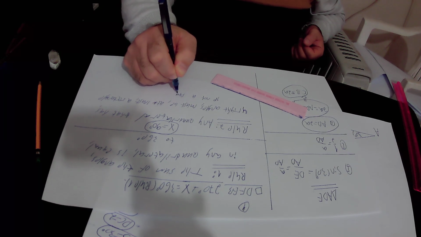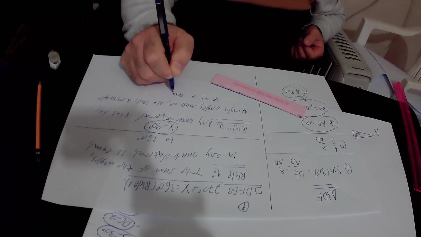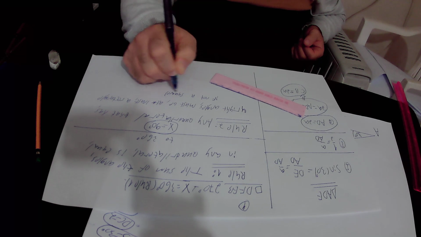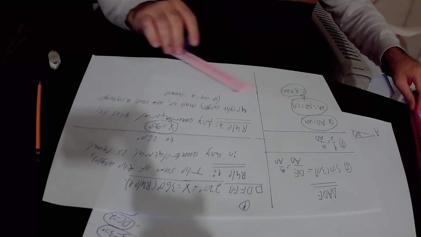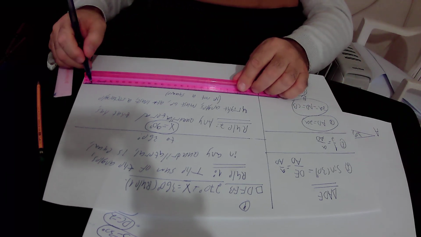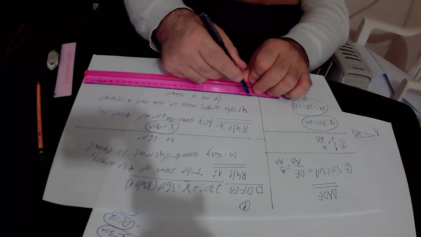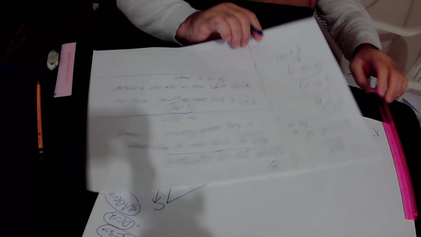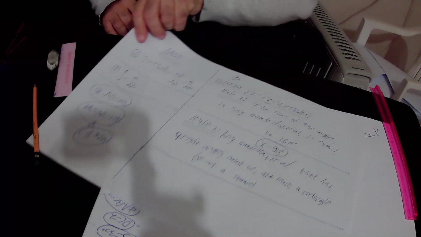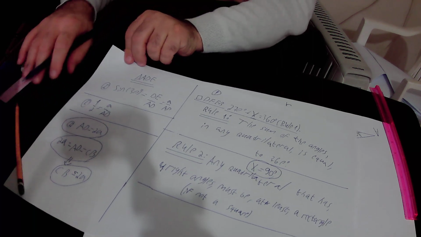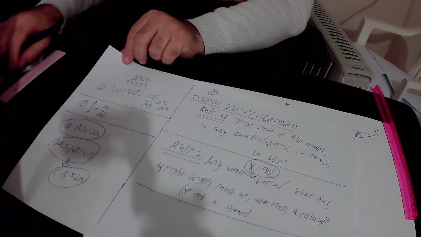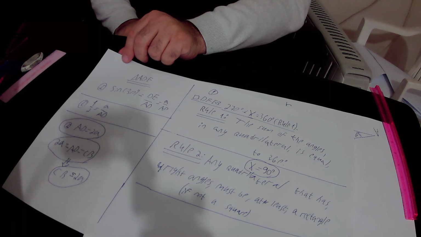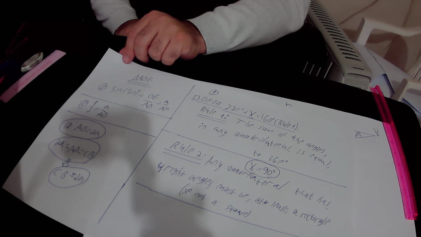I will read rule number 2 again. According to rule number 2, any quadrilateral that has four right angles must be at least a rectangle, if not a square.